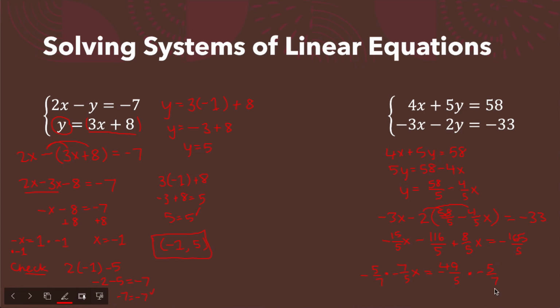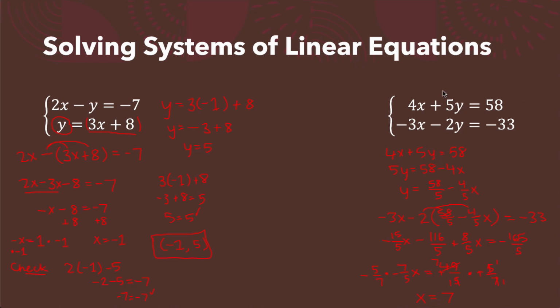And then we can simplify this. 49 becomes 7, 7 becomes 1, negatives cancel out, 5 and 5 both become 1, so this is basically 7 times 1 over 1 times 1, which is equal to 7. So, x is equal to 7. Now, let's solve for y.